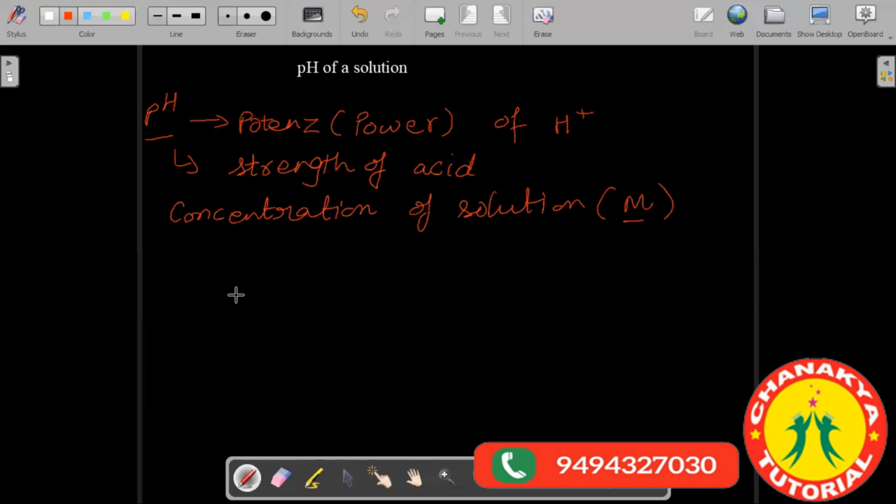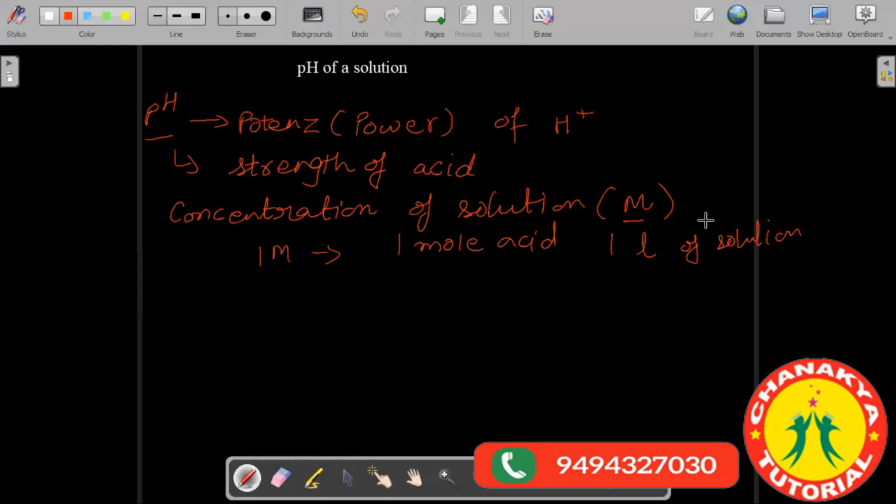If you have a 1 molar solution, it indicates that you have 1 mole of acid in 1 liter of solution. This is what we mean when we say a 1 molar solution.